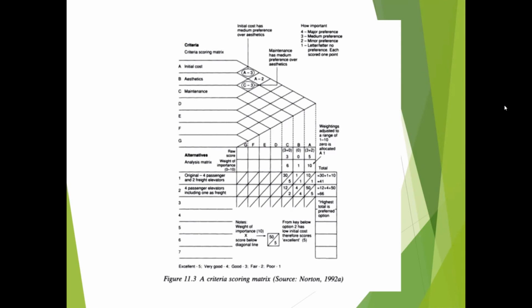So for that client, basically all are equally important: initial cost, aesthetic, maintenance. If all are equally important, we will give a score of 1. Suppose one has a minor preference over the other, that is represented by the number 2. And one has a medium preference over the other, it is represented by 3, right?